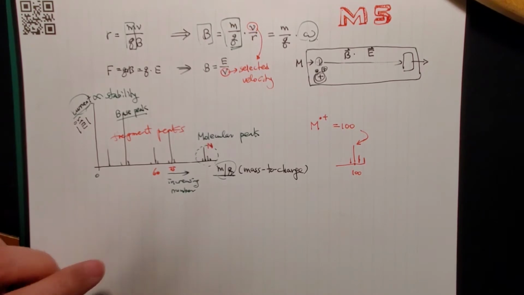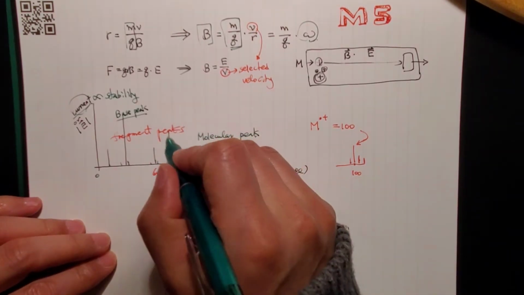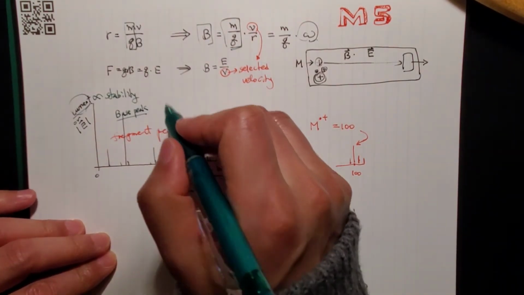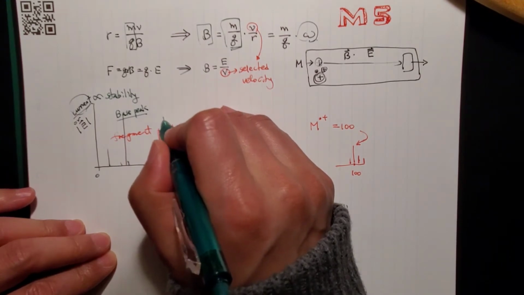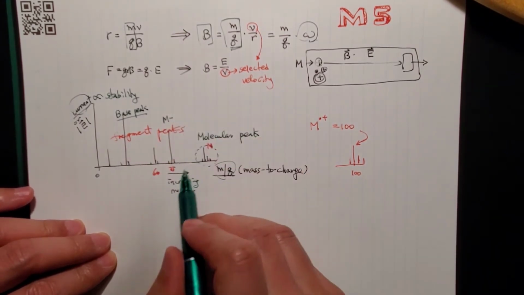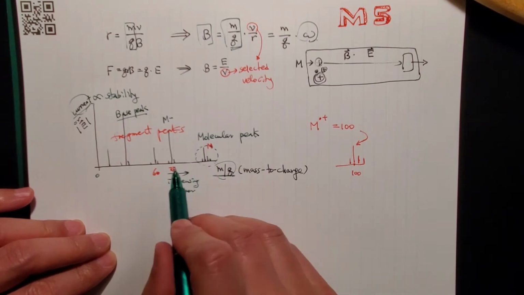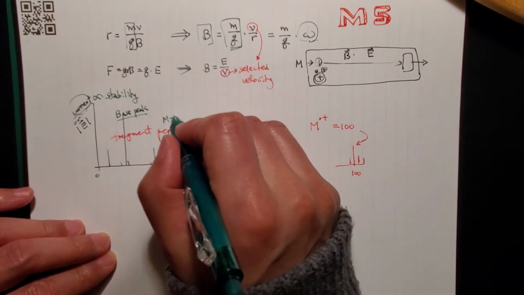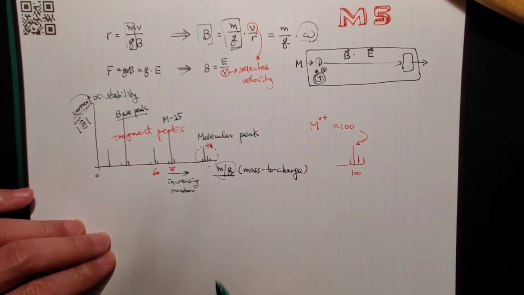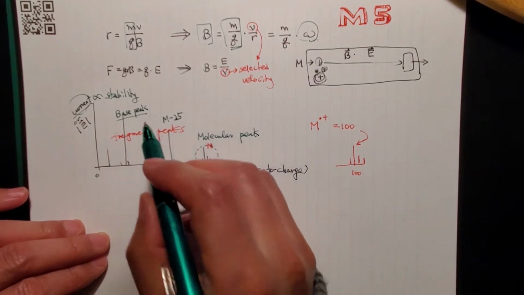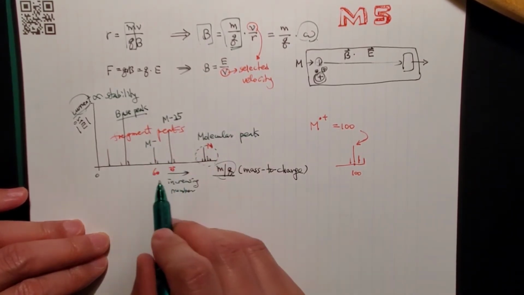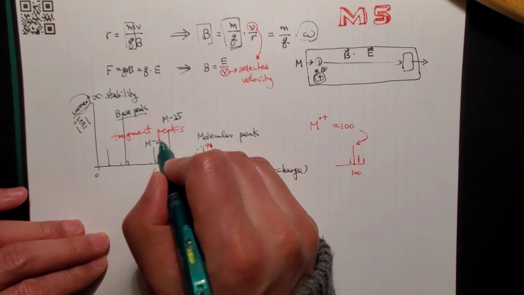Then we can label this peak and these fragment peaks this way. M minus the difference between this and this, right, is 25. So M minus 25. Then we label this as M minus 40.